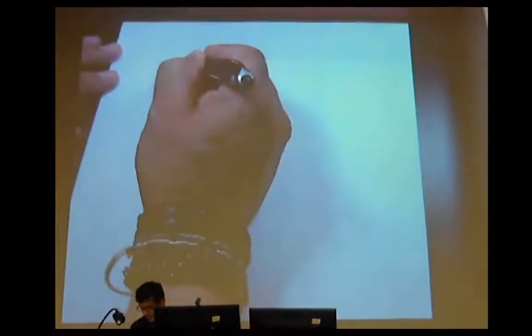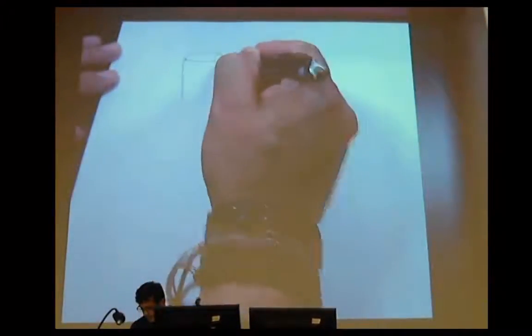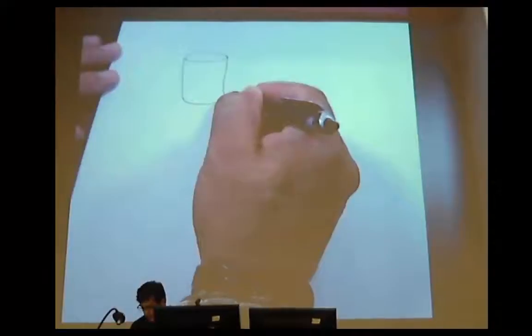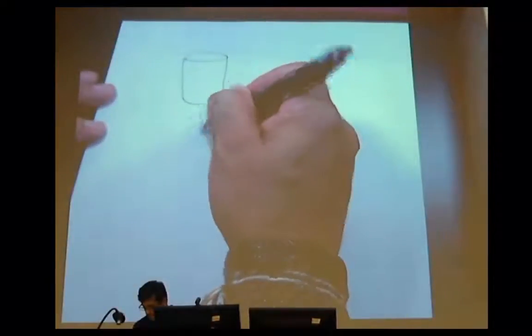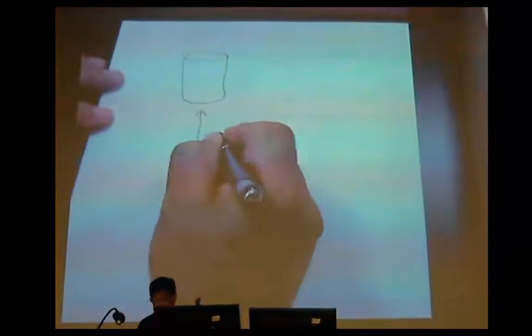With this, we can play a bit with the mass and have things that I hope will make sense to you. Say you have an object such as this that is subject to a stress.